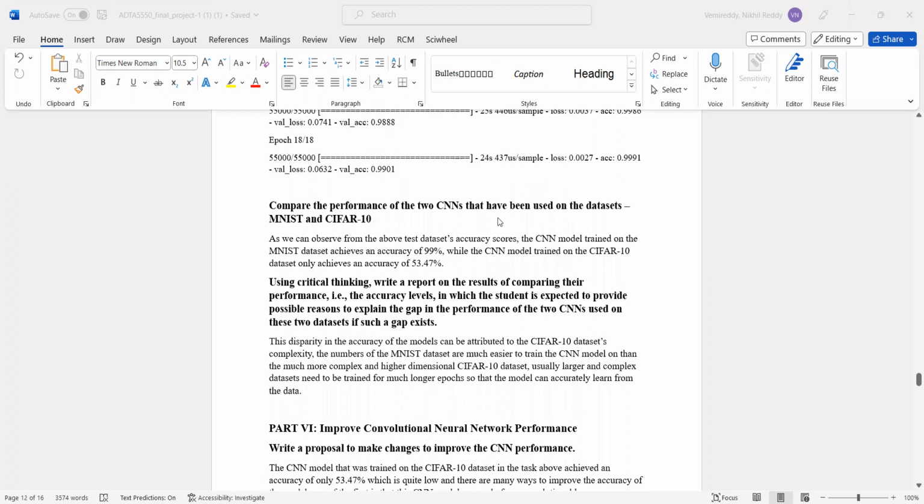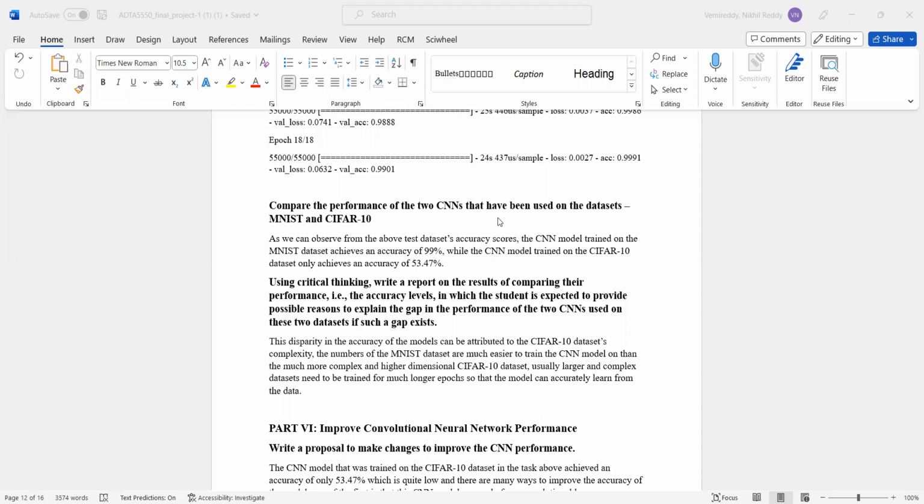We are also asked, using critical thinking, to write a report on the results of comparing their performance, which is the accuracy levels, in which the student is expected to provide possible reasons to explain the gap in the performance of the two CNNs used on these two datasets, if such a gap exists. This disparity in the accuracy of the models can be attributed to the CIFAR-10 dataset's complexity.